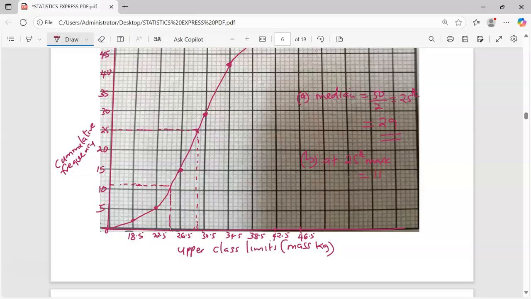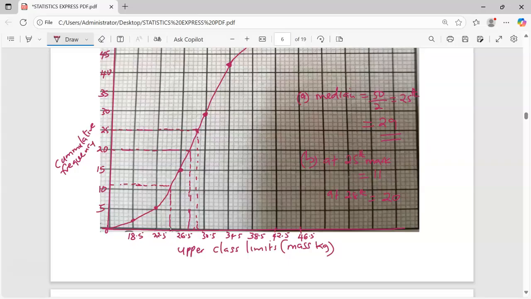At 28, that is 26, 27, 28, we move up and read off the value on the y-axis, and this one is exactly 20.